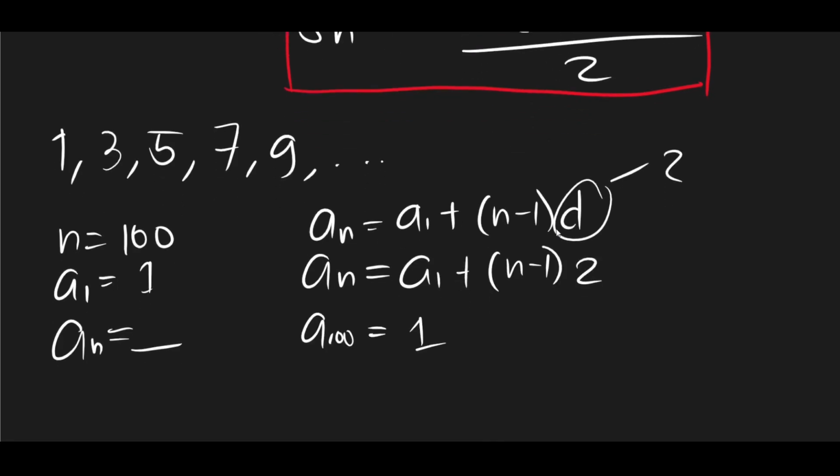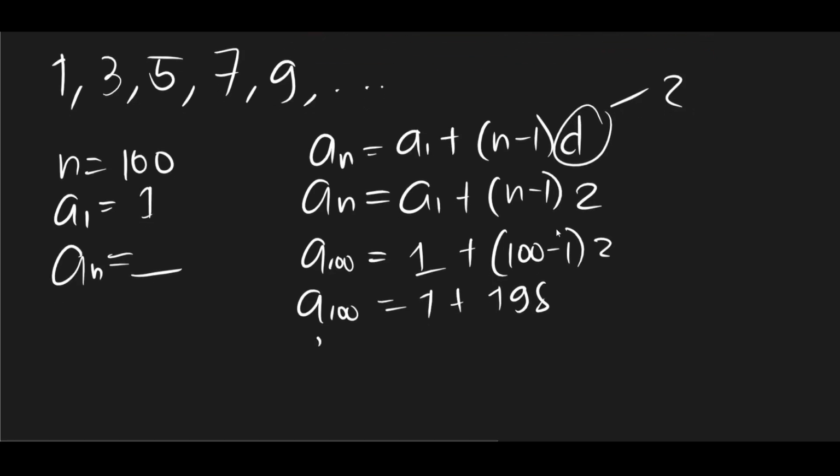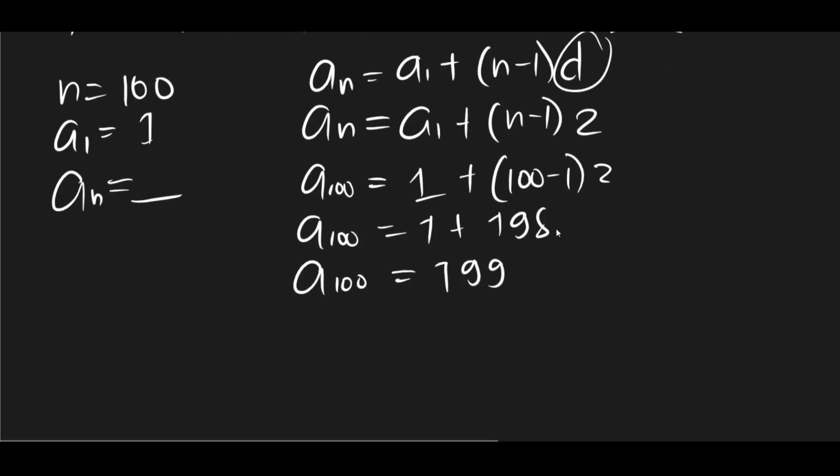We will get 1 plus (100 minus 1) times 2. So a100 is equal to 1 plus 99 times 2, that will be 198, so our a100 will be 199.